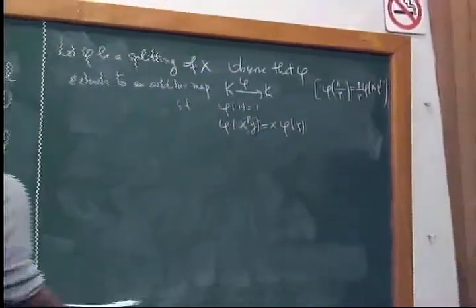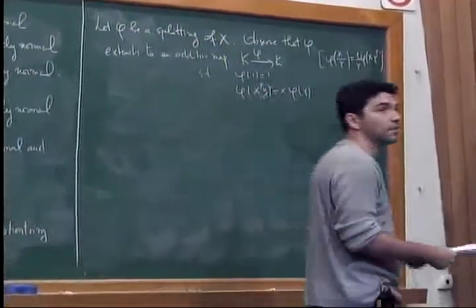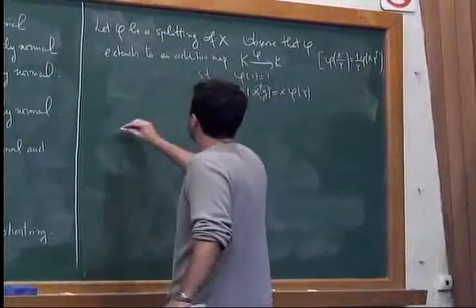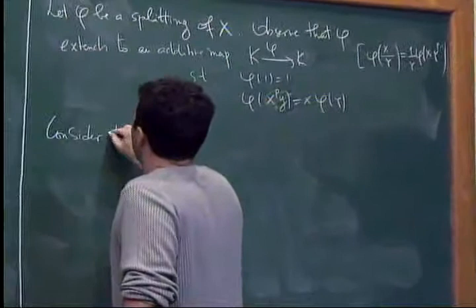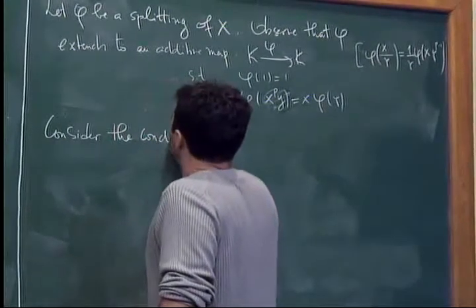So now we want to understand where this morphism is not an isomorphism. So you consider the conductor.